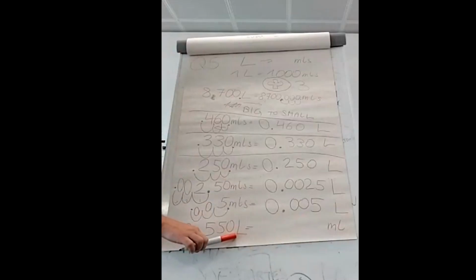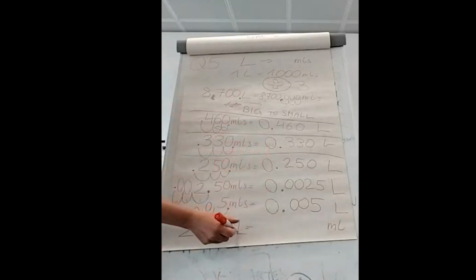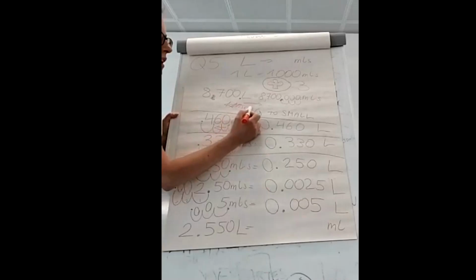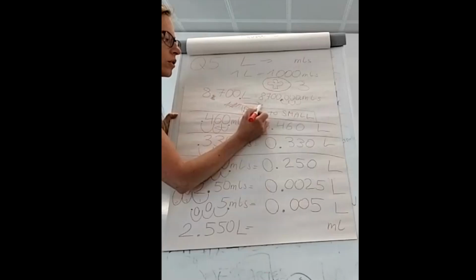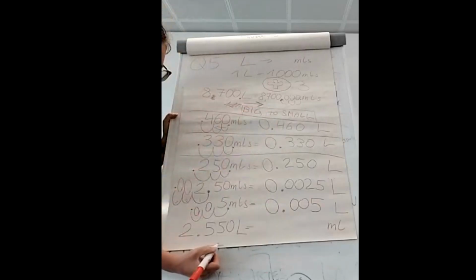Big, why? Because liter was a lot bigger, do you remember? Yeah, with the bottles. So these were milliliters, small bottle. Liter is big. So liter is definitely big. And here's the rule. Big to small, which direction? To the right. Okay, so we're going this direction.